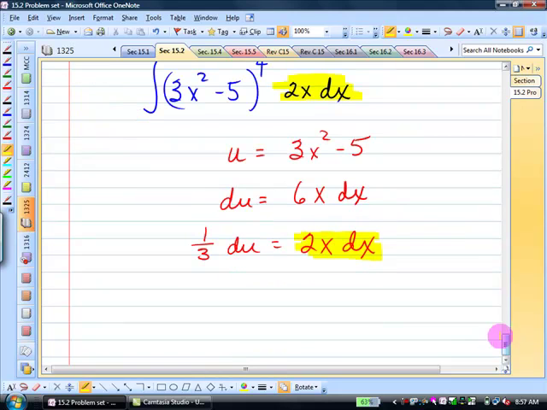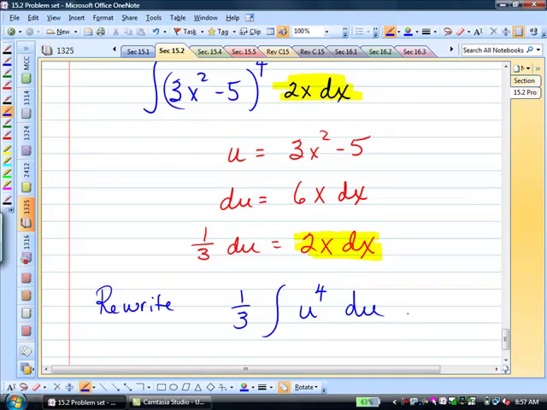So what do you get when you rewrite the problem? You get 1/3 the integral of u to the 4th du. And what's the integral of u to the 4th? U to the 5th over 5.